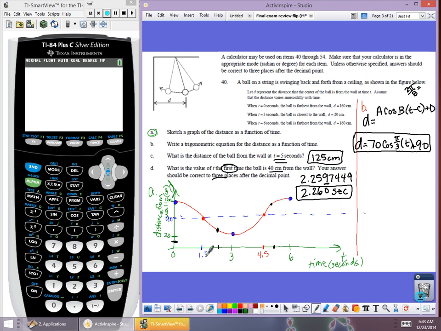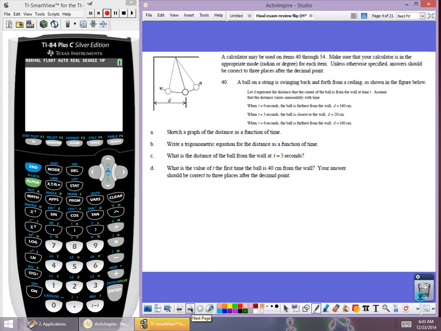I have those midlines labeled, and the furthest distance away is up at the max. Part B, write a trig function for the distance as a function of time. That would be right here. So we set A, B, C, and D, and plugged all those values in. C was 125 centimeters and D was that. So if you already got this correct, good job. If you want the explanation, I am going to do it right now.